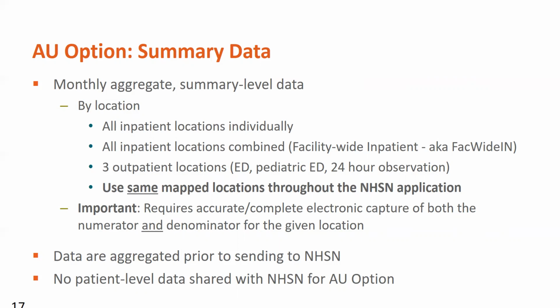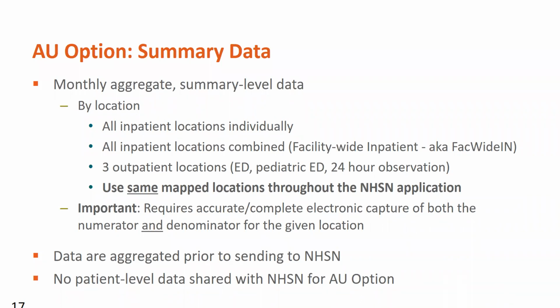So those data are reported for all inpatient locations individually. So you would have one record for your ICU location, one record for your ward location, for example. Then you would have a record for all of your inpatient locations combined. So if I had 3 inpatient units, I would submit those 3 individually.